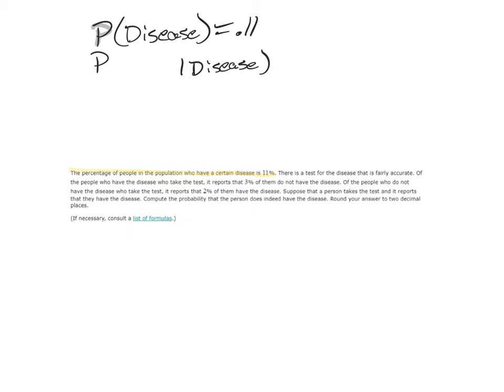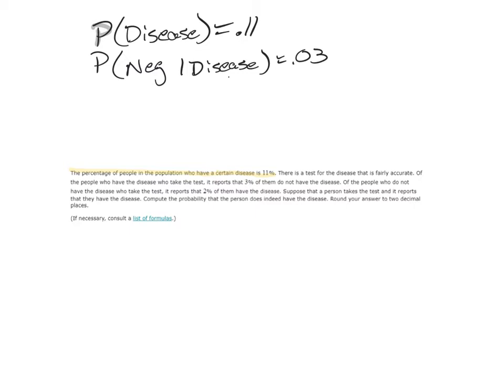Given that you have the disease and you take the test, it reports that 3% of them don't have the disease. So you're testing negative even though you have the disease 3% of the time. That's called a false negative, 0.03.